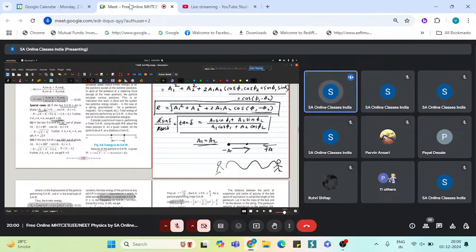You are holding the string from one side and your friend is holding the string from the other side, and say you move the string in such a way that it will go to positive amplitude first, and your friend makes it oscillate in such a way that the string will cover the negative oscillation first. And eventually what you are going to achieve is a plain string which is not performing any motion.